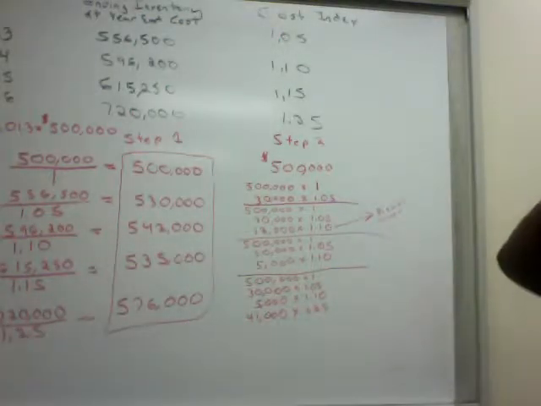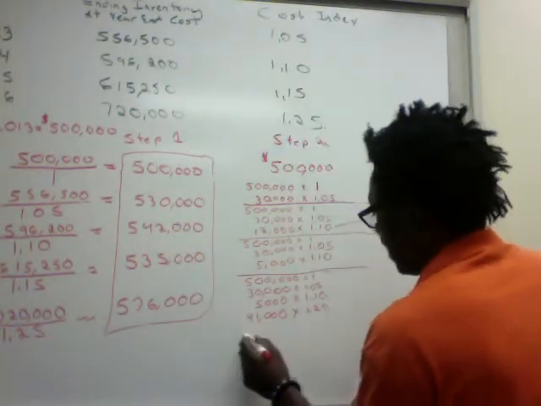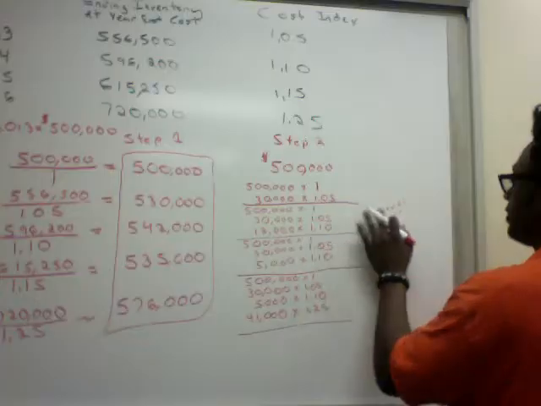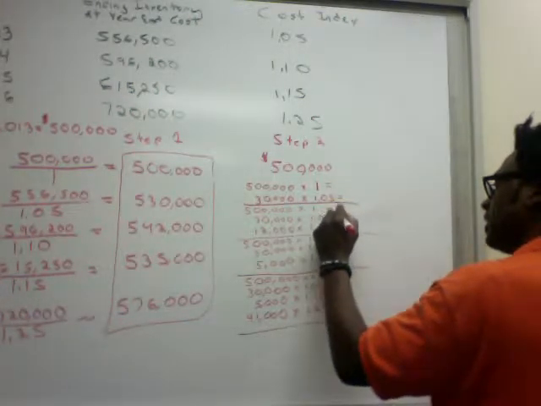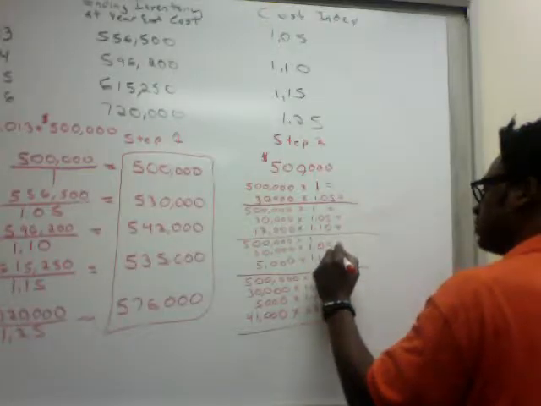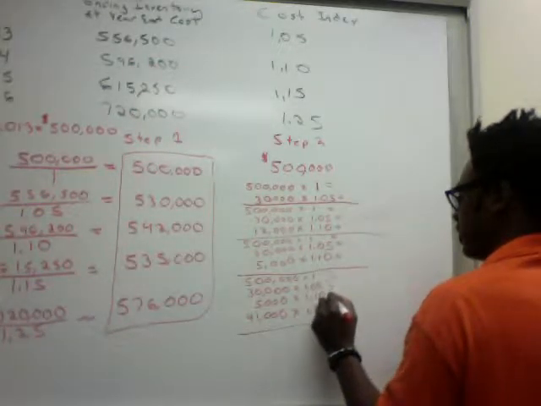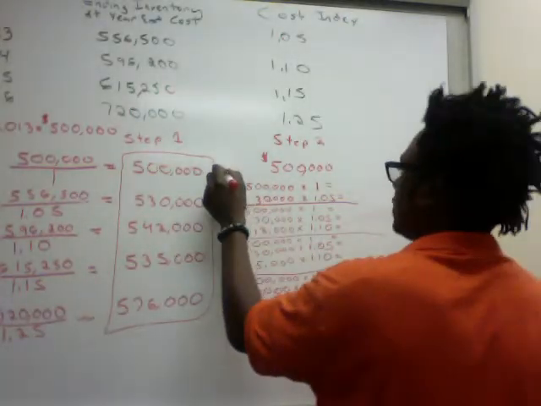Okay? And so we're almost home now, guys. All we have to do now is find the product of all this information. And then this will give us our ending inventory for each respective year. I'm going to draw a line here.